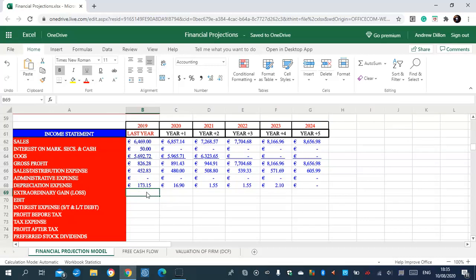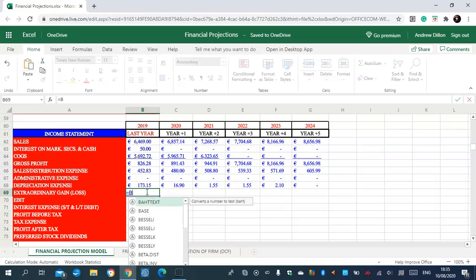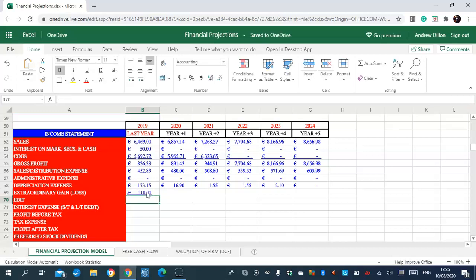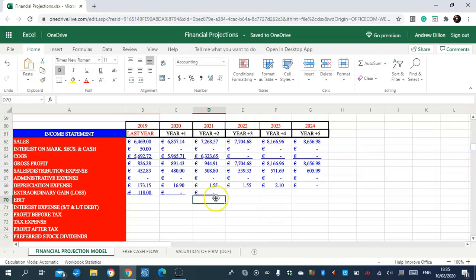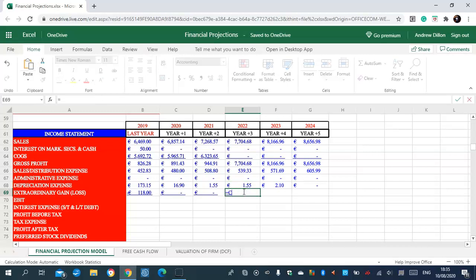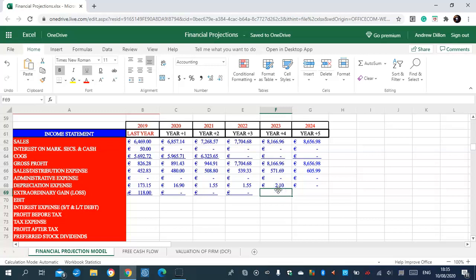Okay, let's move on to the extraordinary gain and loss. $48, $49, $50, $2, C52.